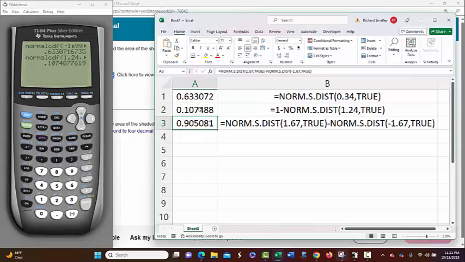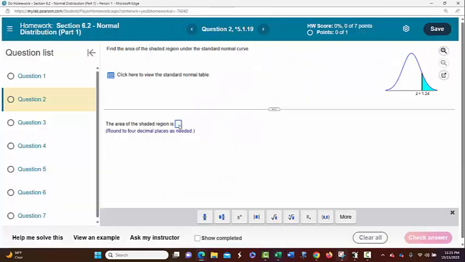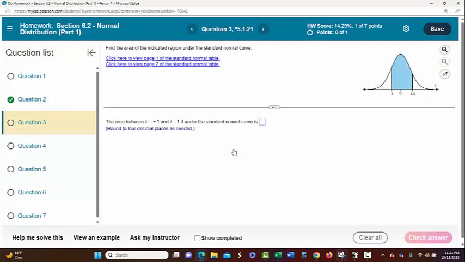Now you can see both answers on the screen there. 1075. So let's try that out. All right, excellent. That takes care of it.